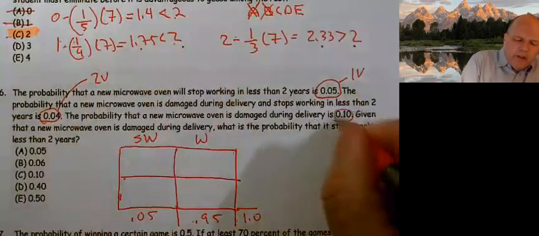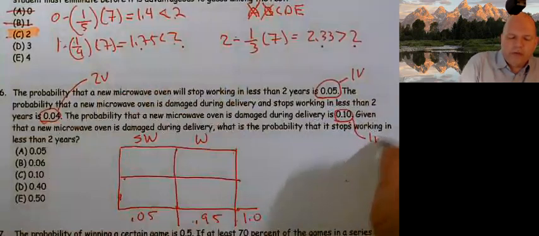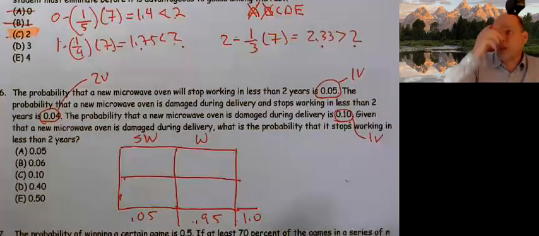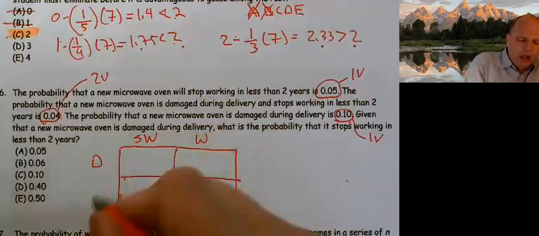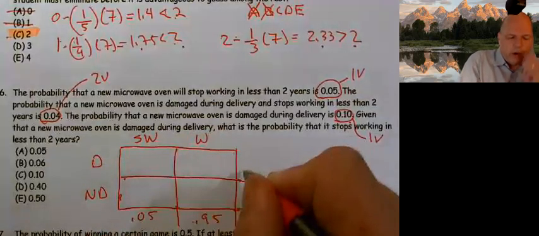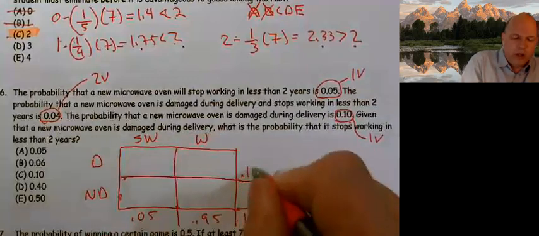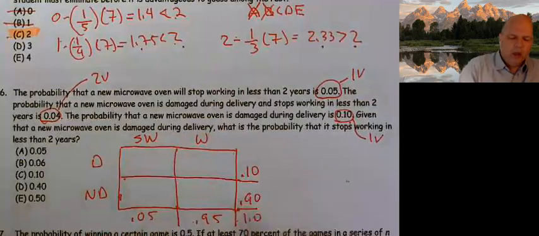This is just damage during delivery. It doesn't say anything about a second variable, so this is also one variable. So this would be damaged and not damaged. Well, this is only associated with one variable, so I can go ahead and record it right here, 0.10. This becomes 0.90.